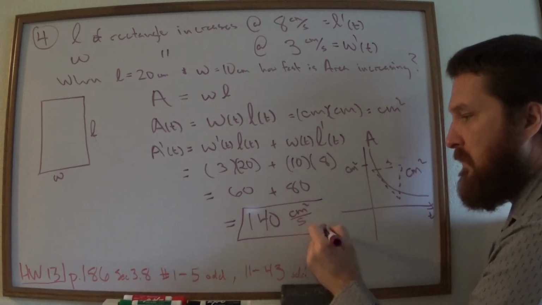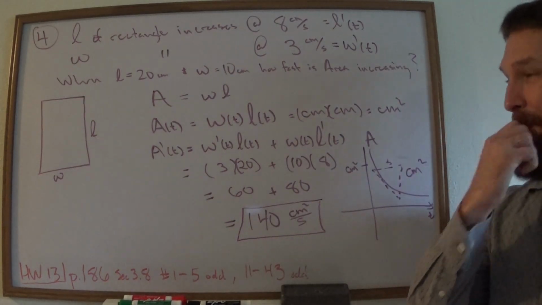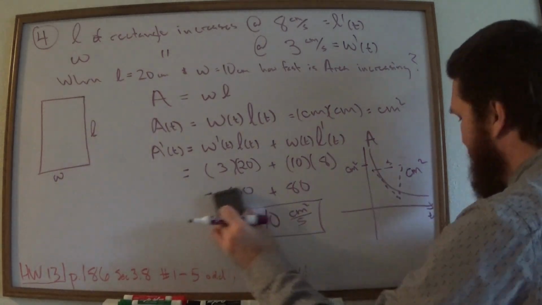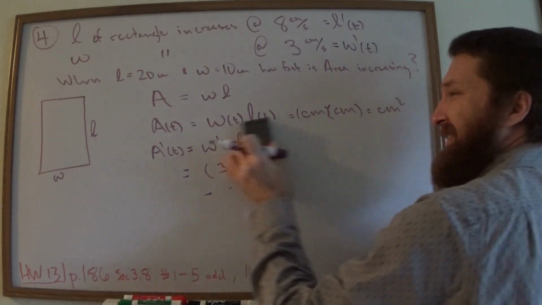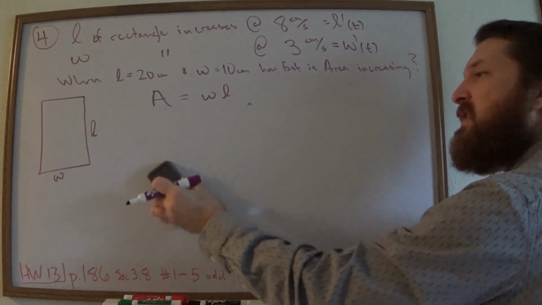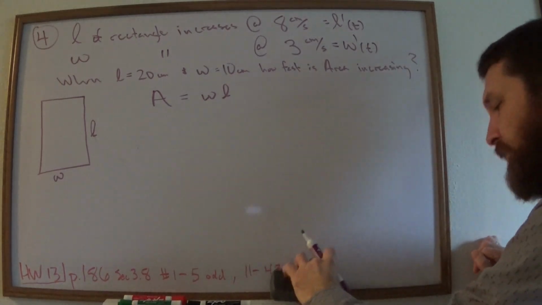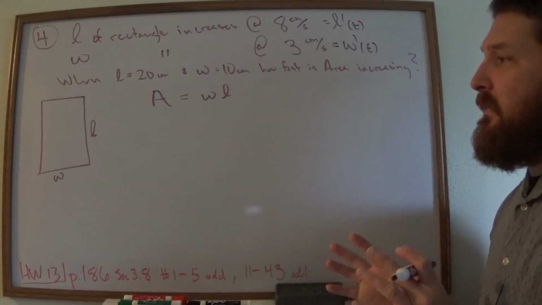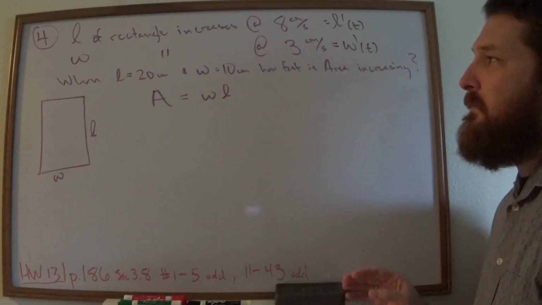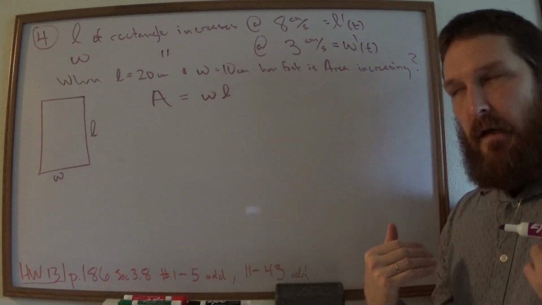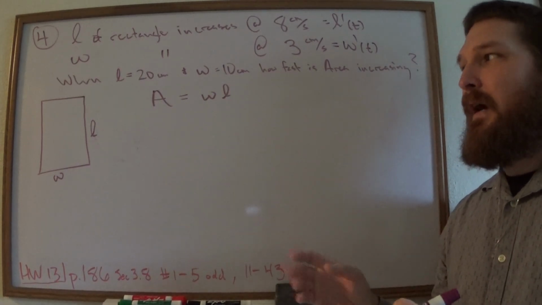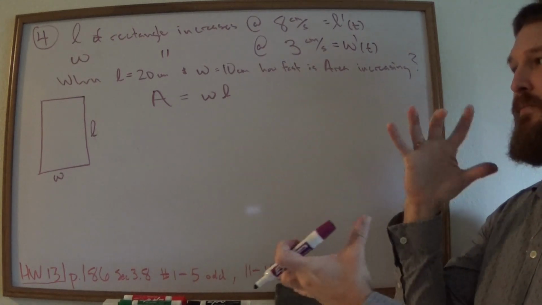So, there you go. That's pretty easy. This one was easy. It's number 4. Now, another thing, just to think about notation. When I first started these, I would always get it all in terms of one thing.